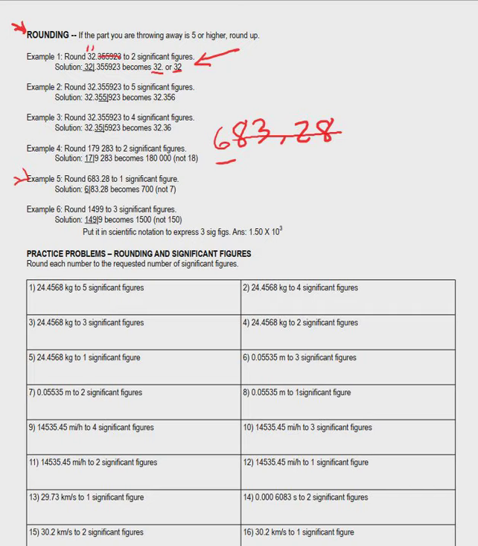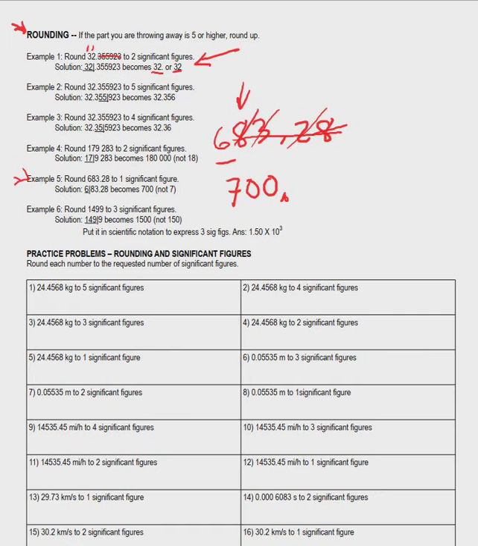So we don't need the 8, we don't need the 3, and we don't need the 28. However, the 8 right here is larger than 5, so we're going to round 6 up to 7. But your answer is not 7. Why? Because you still need the placeholders of zeros because of the decimal point. We're rounding 683 up to 700.